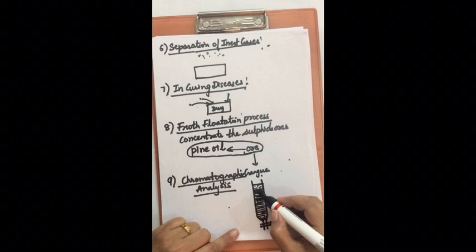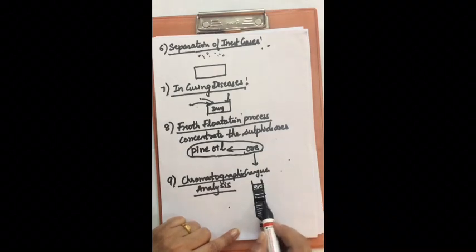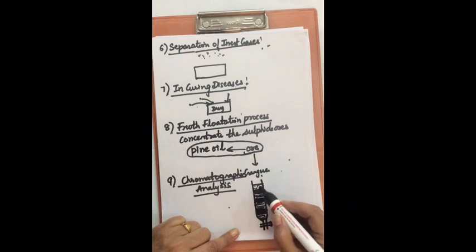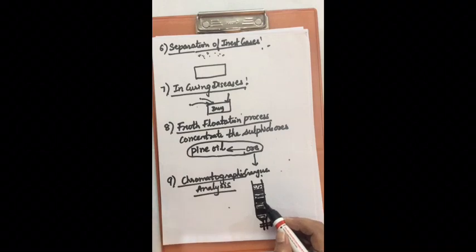Now this will start moving through the adsorbent, and at different heights different components will get adsorbed because their adsorption powers are different. So at different heights they will get adsorbed. In this way the mixture will separate out into its components using the phenomenon of adsorption.